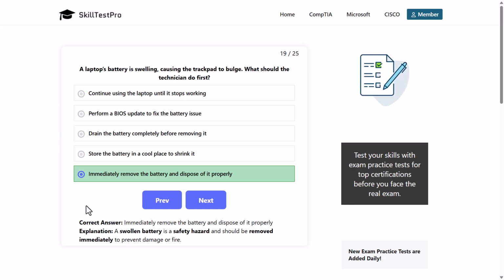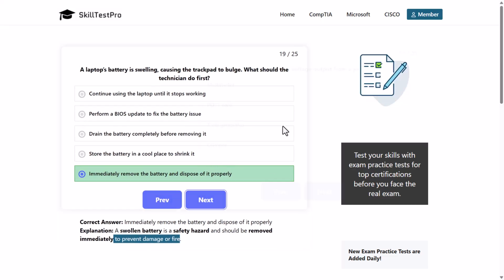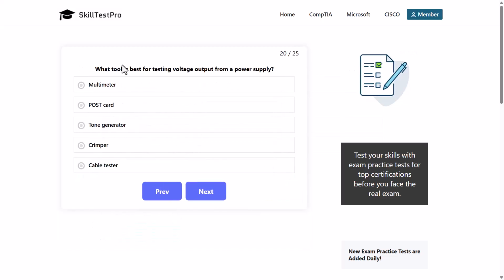So whenever there is some real problem, when it is swelling, you remove it immediately. A swollen battery is a safety hazard and should be removed immediately to prevent damage or fire. And it doesn't matter whether it's on mobile phones or laptops, whenever it comes to battery problems, remove it.